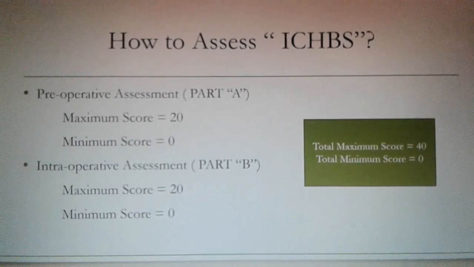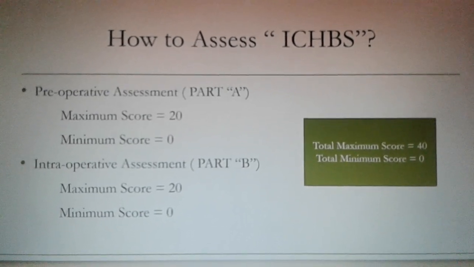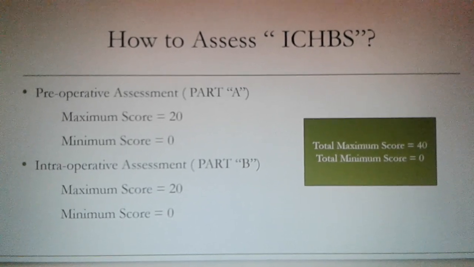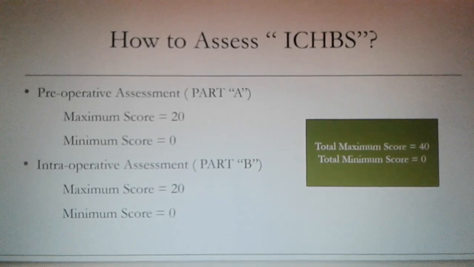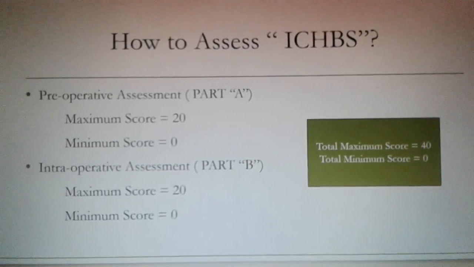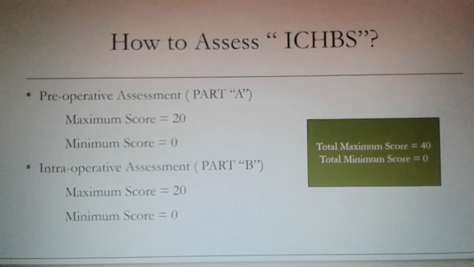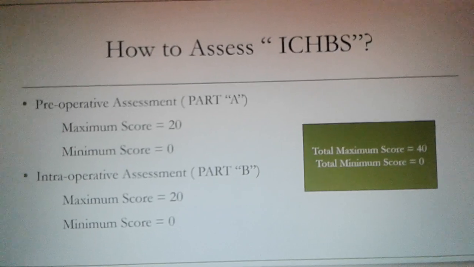Just to reinforce, part A and part B, two components are there. Maximum score in part A is 20, minimum score 0. Maximum score in part B again 20, minimum score 0. Total maximum score, that is part A plus part B, is 40, and total minimum score, that is part A plus part B, is 0.